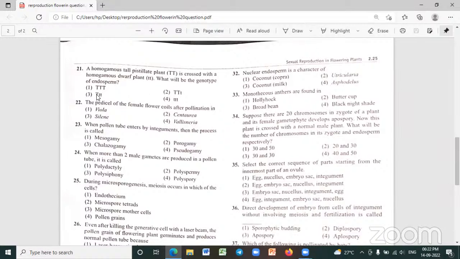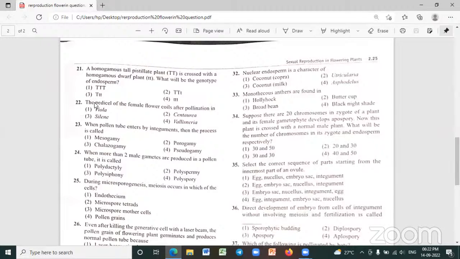Here, dwarf with tall characters is not possible, because when the hybridization takes place, both the characters are present in it, isn't it? Here also both characters are present, but the expression is dwarf characteristics. So it is not possible. This one is already in order. Here the cross means both the characters will be present in it. That is the reason the second one is the correct one.